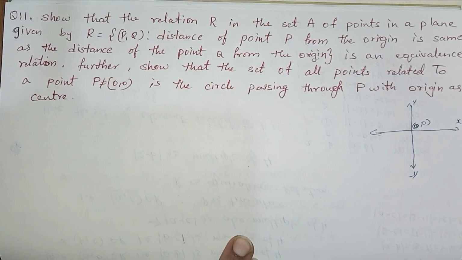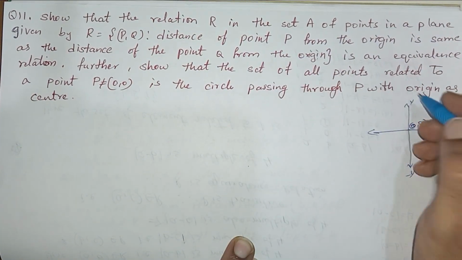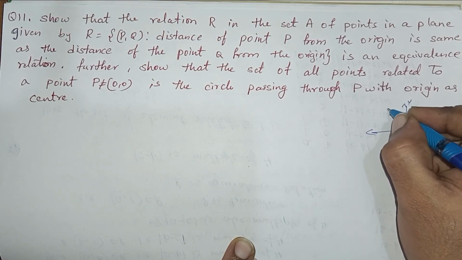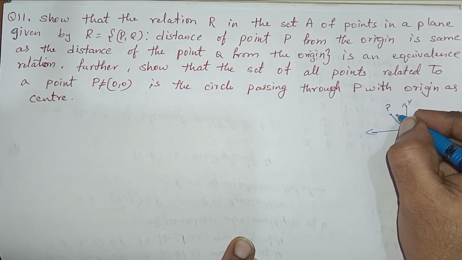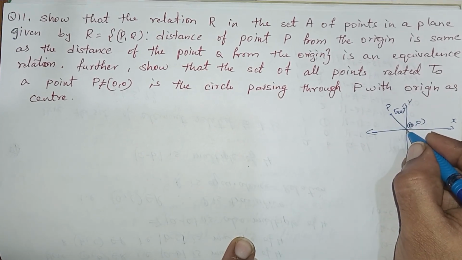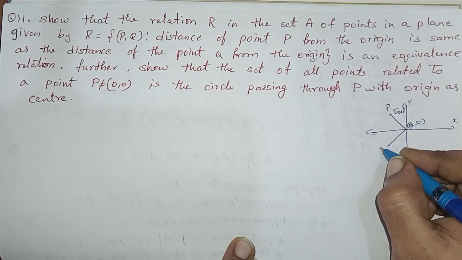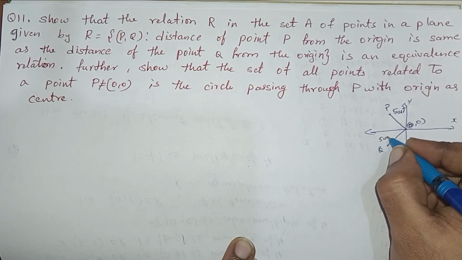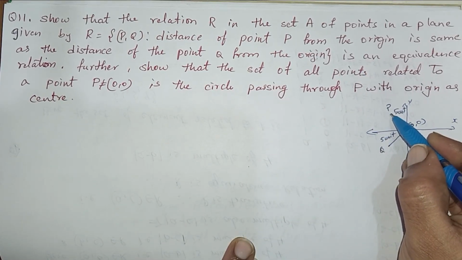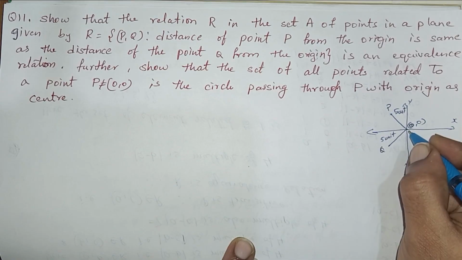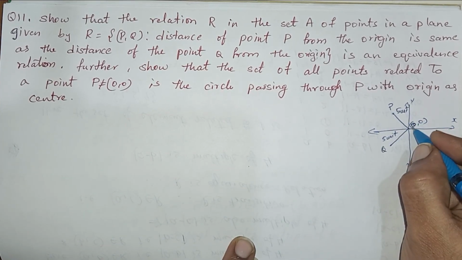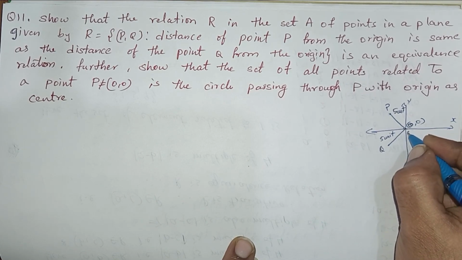If we consider a point P, we'll consider it has 5 units, and a point Q which is also 5 units. They have told that the distance from P to the origin and Q to the origin is equal. So I am considering both as 5 units from the origin.